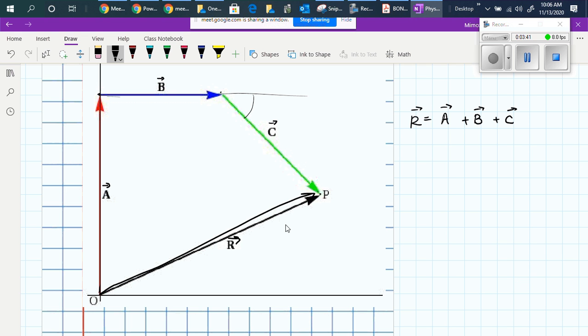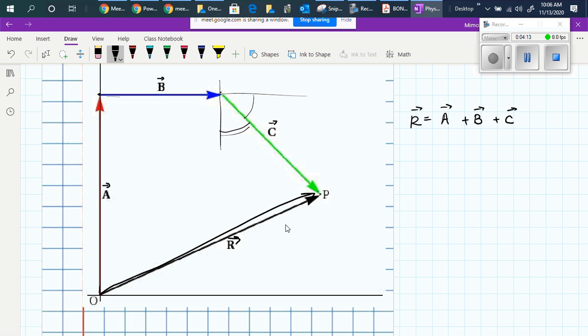Let's say vector A is straight north, vector B is straight east or due east. And for vector C, whatever they are giving you, if they are giving you the angle with the east axis, then you will plot that value there, and then you will draw vector C. And if they are giving you the angle with the south axis, then you will take that value of the angle with the south axis, and you plot it there.